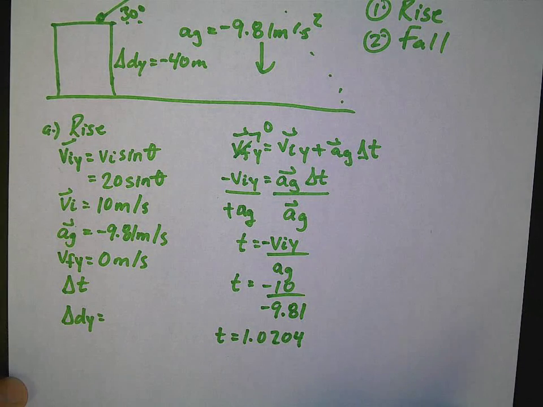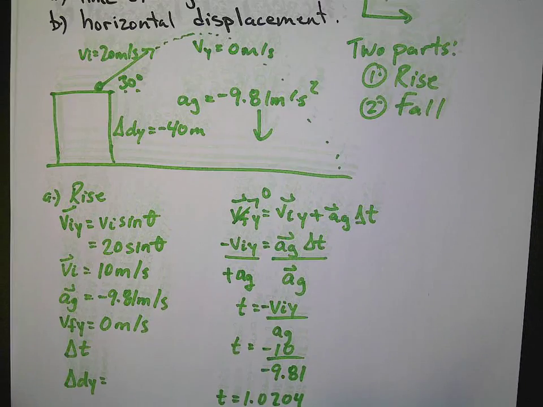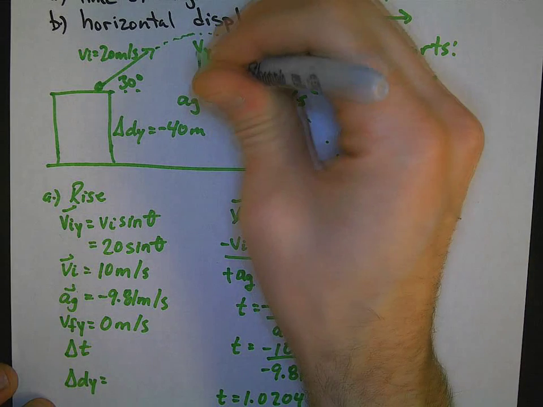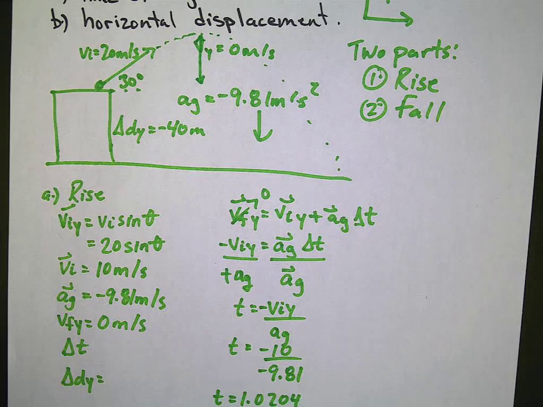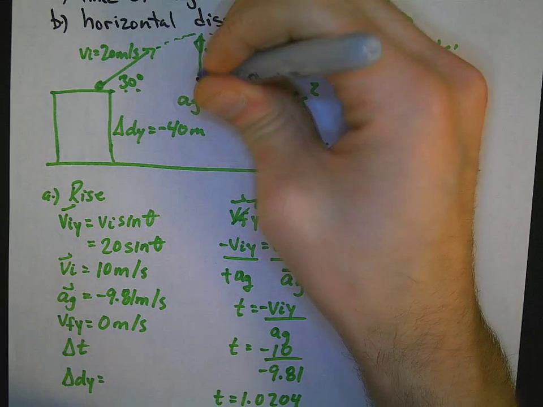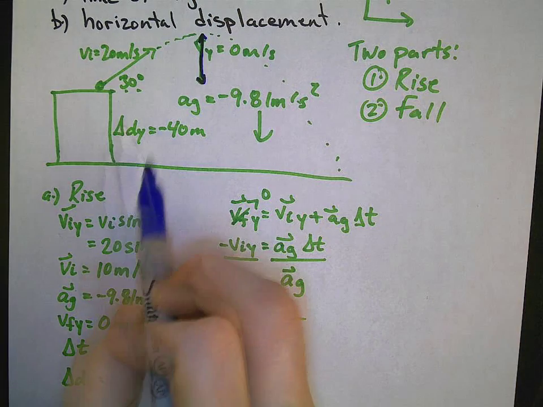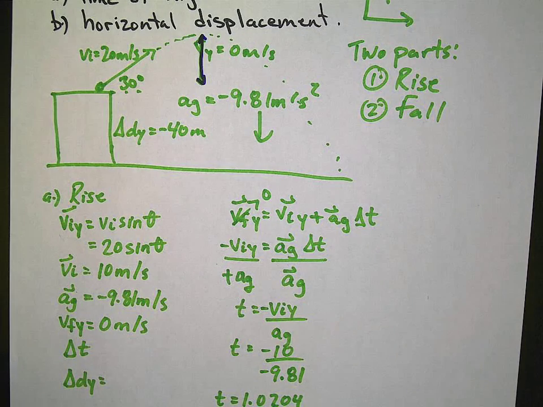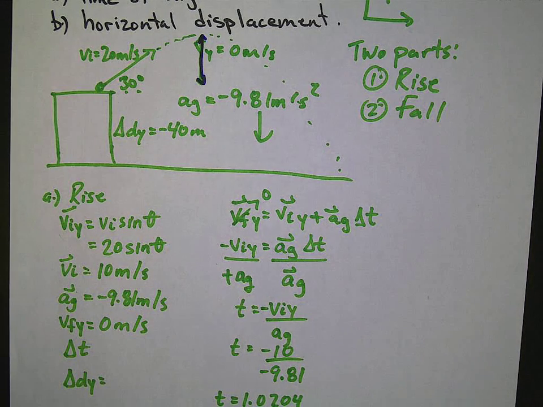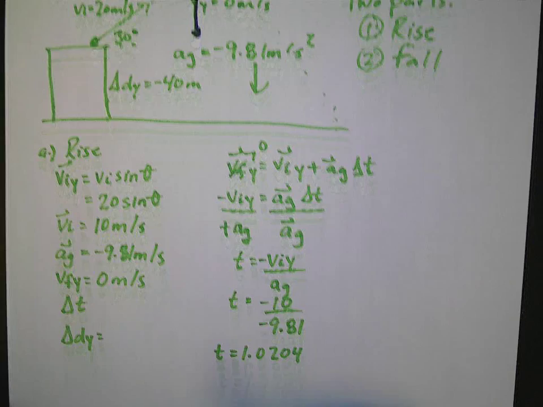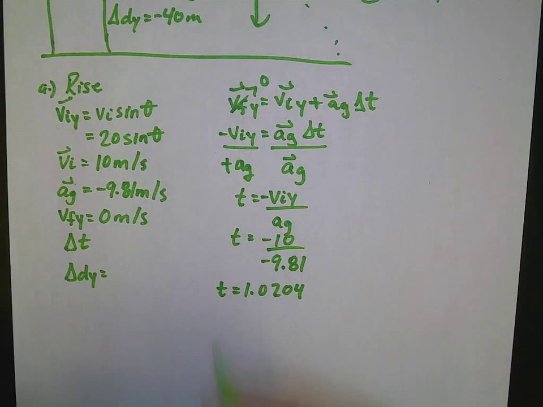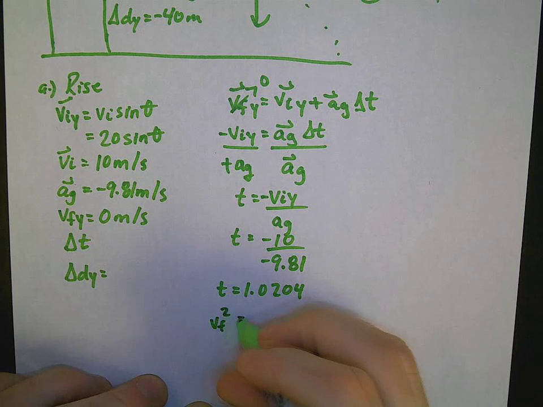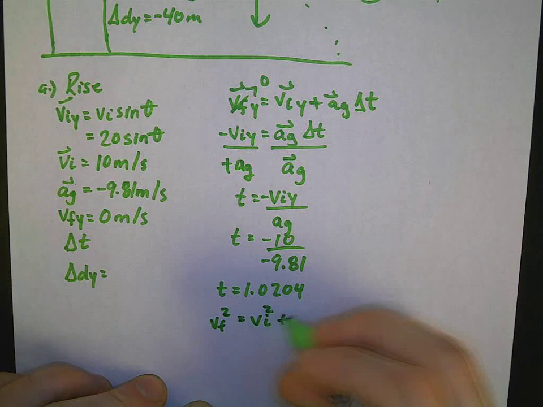During our rise, if I look back at my diagram, it's going to increase a certain amount. There will be a certain amount that it will increase from my initial height of 40 meters that was given. So I should actually determine that amount quickly right now. Using the fact that Vf squared is equal to Vi squared plus 2ad.